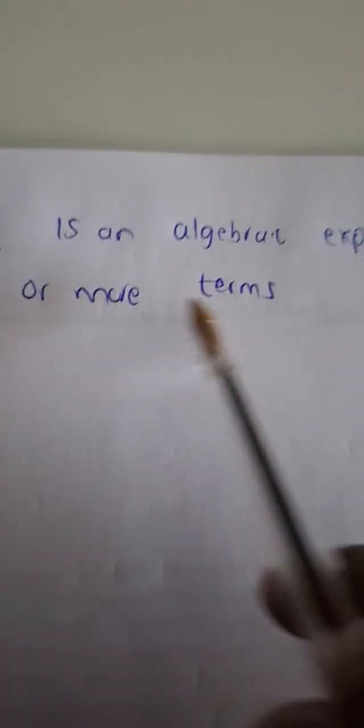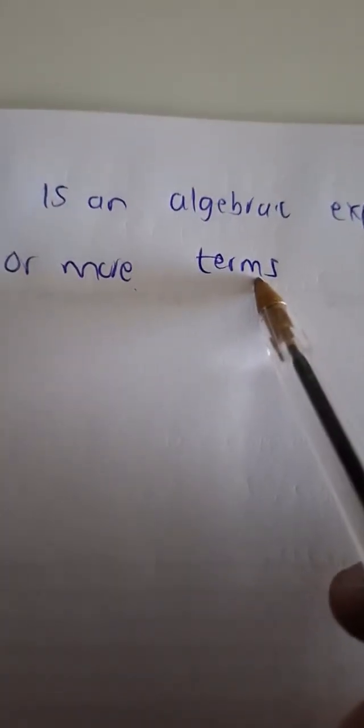Okay, sorry guys. A polynomial is an algebraic expression consisting of one or more terms.